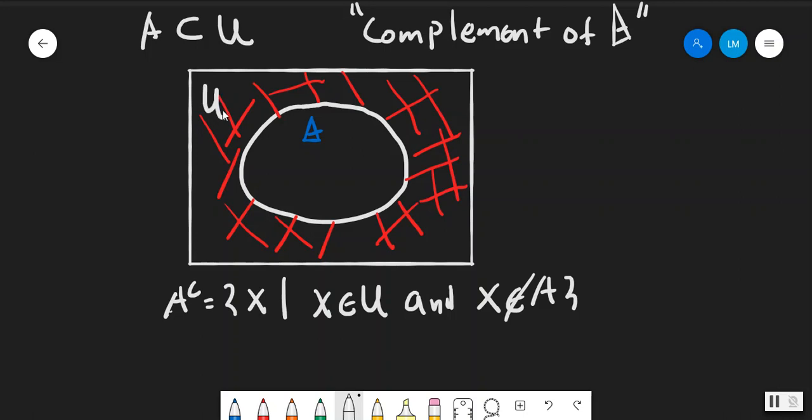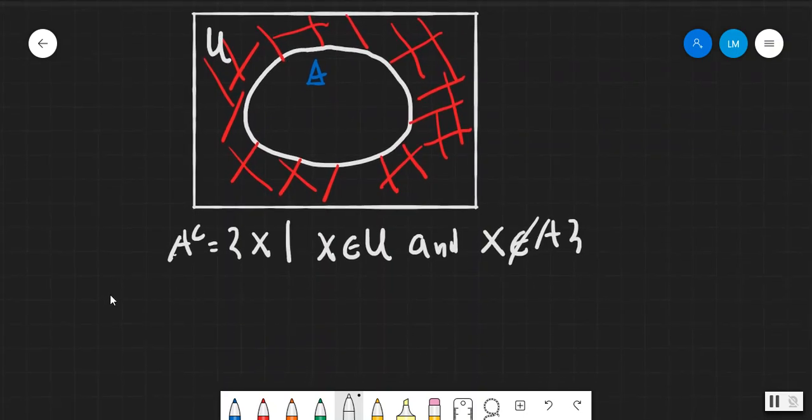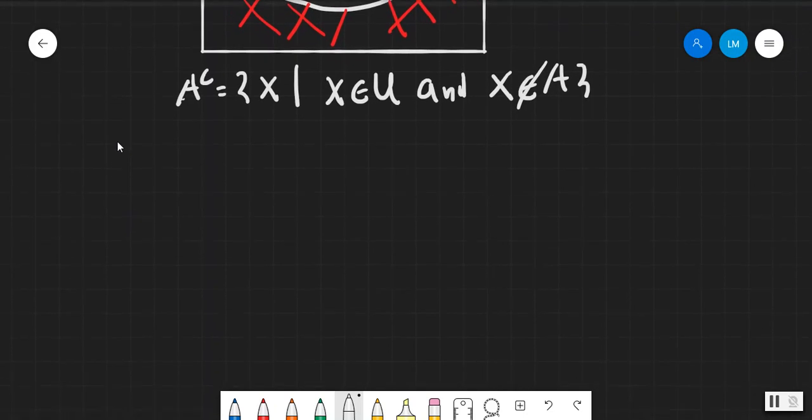So if we had all registered voters and we want to find those that are not Democrats, then we would use the universal set of registered voters.